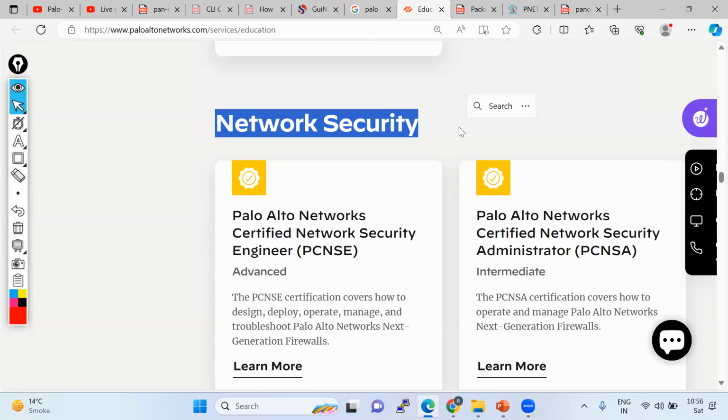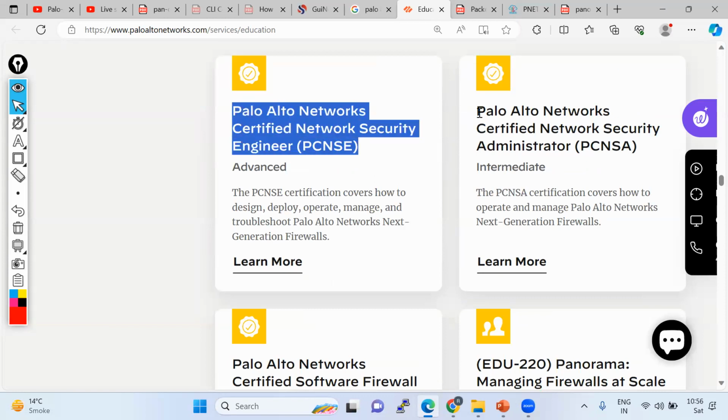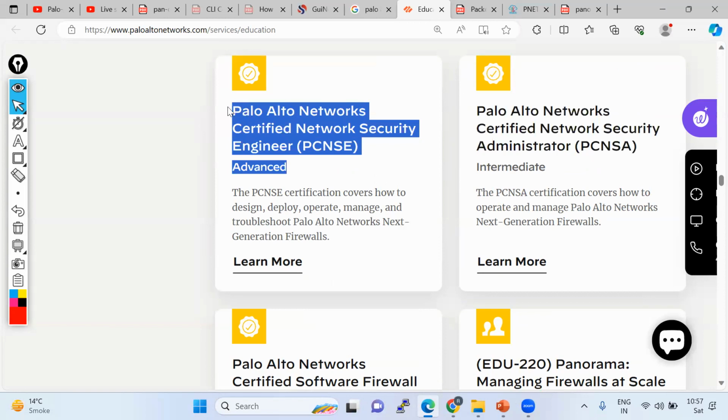So in network security, we are going to talk about the Palo Alto Networks Certified Network Security Engineer, that is PCNSE, and the Palo Alto Networks Certified Network Security Administrator, that is PCNSA. These two certifications we are going to cover throughout this session.